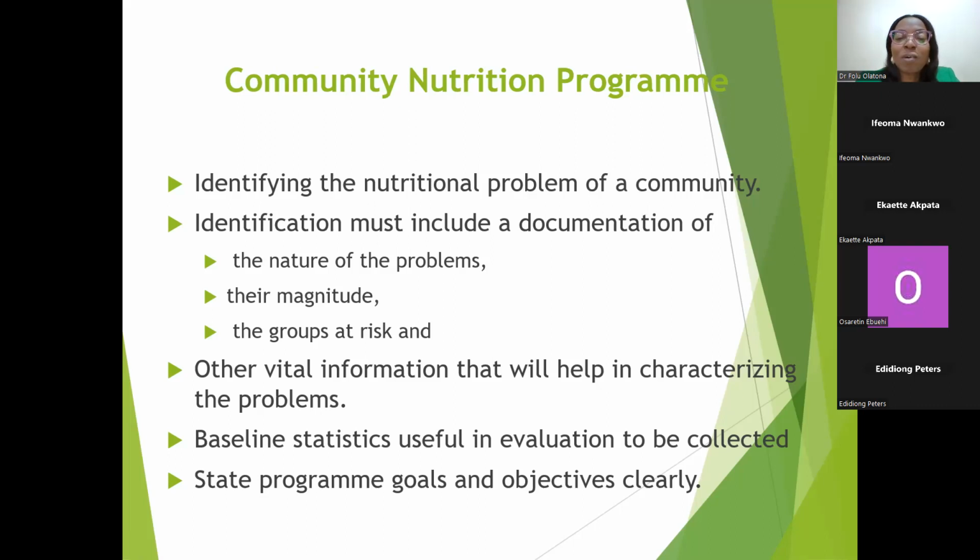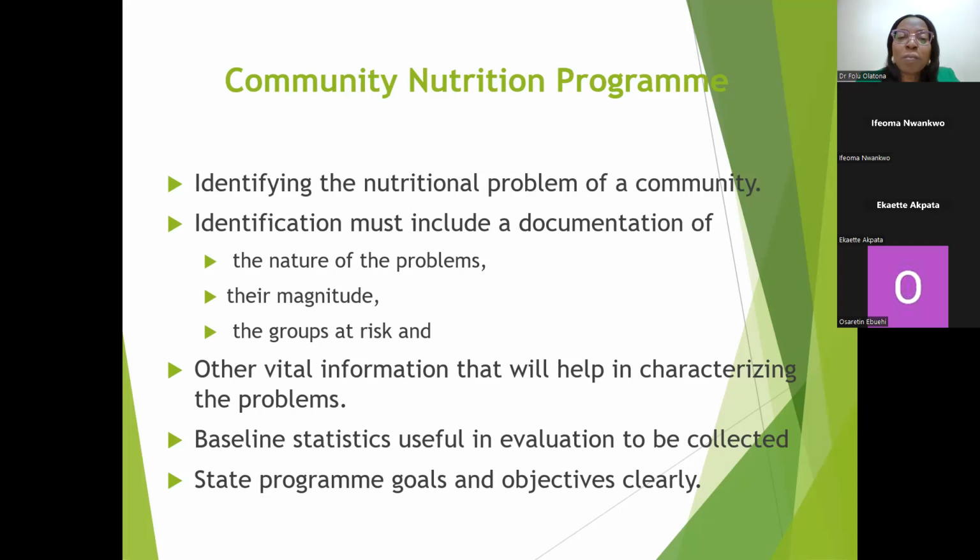I have to go to that community and do proper community entry. You don't just go to a community and start examining them or asking them questions. You must go through the head of that community, the leader of that community. That's what we refer to as community entry.